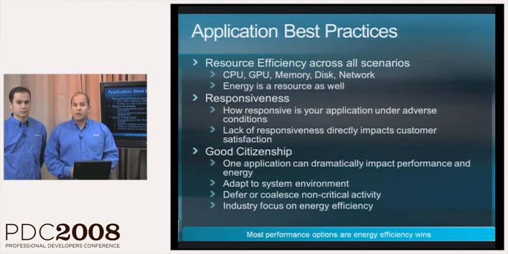But a resource that often gets overlooked is energy. And when we talk about optimizations in the traditional platform resources, those typically translate to energy efficiency wins as well. So not only should you be looking at platform efficiencies with resources, but also evaluate energy and potentially look at scaling back when you're on DC power to extend mobile battery life. But it's also about AC energy efficiency as well.